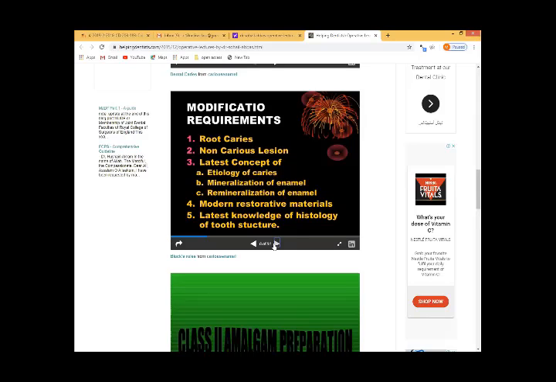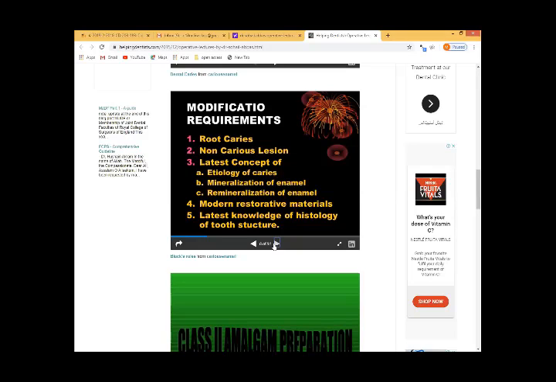We need them because we now have the knowledge of root caries, which is not involved in this. We are talking about class 1, 2, 3, 4, 5, and up to class 5 we are not talking about root caries. So it is a modification requirement in the previous rules.